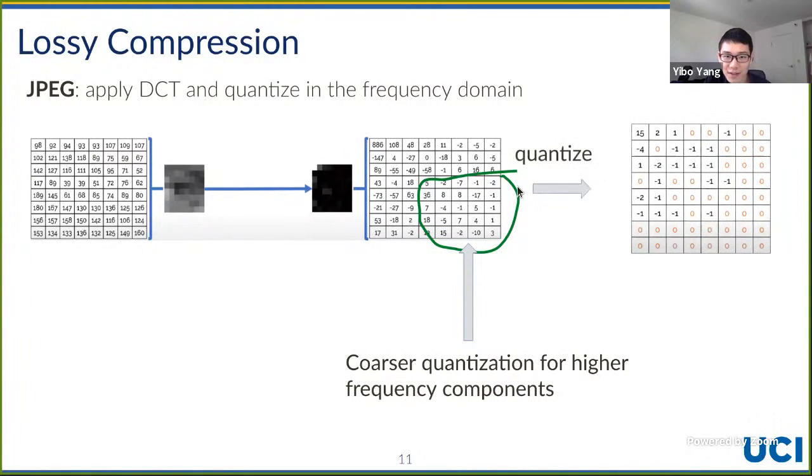So when it quantizes this frequency information, it can do so with a coarser resolution, for example, by setting a lot of these values to zeros. And afterwards, it can apply a lossless compression algorithm, such as the Huffman coding algorithm we already mentioned, to compress this stream of symbols further. So after that it is just lossless compression.